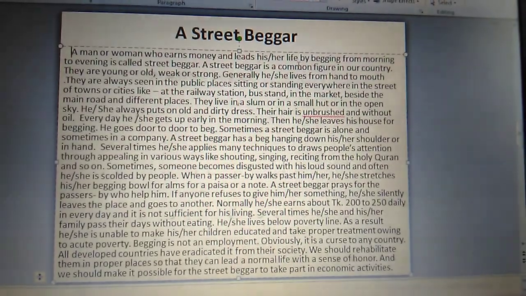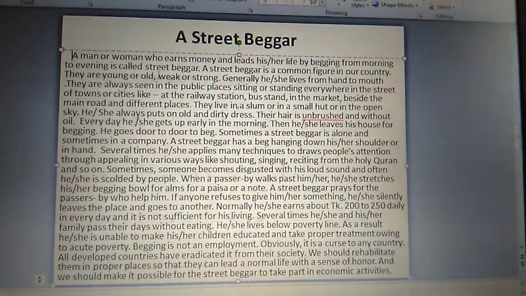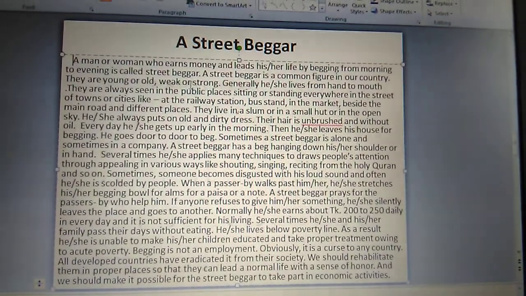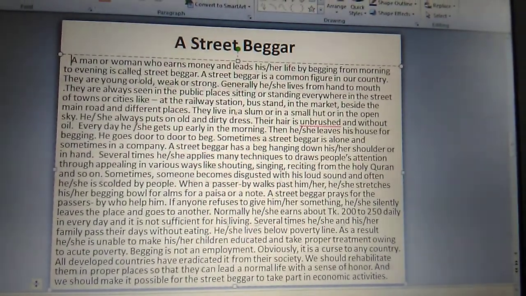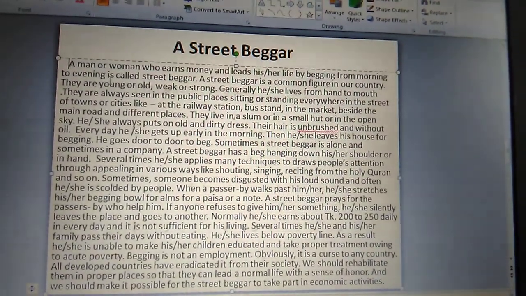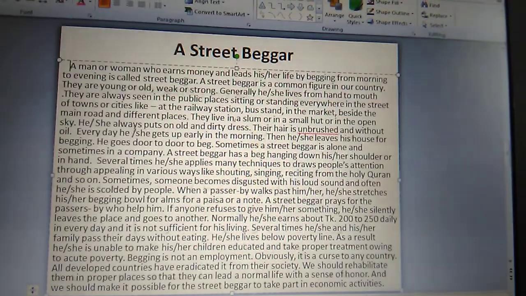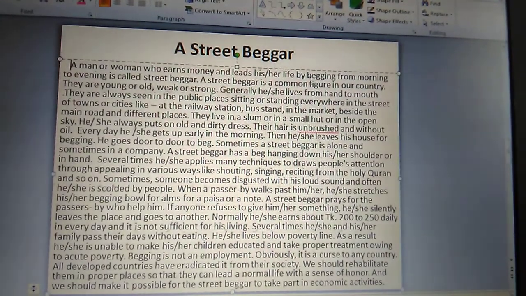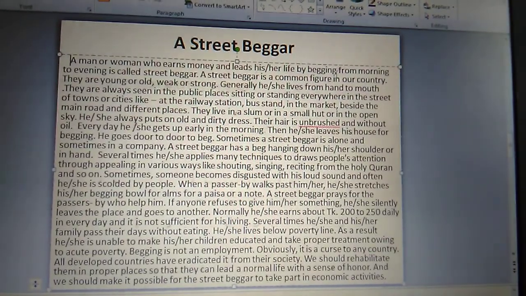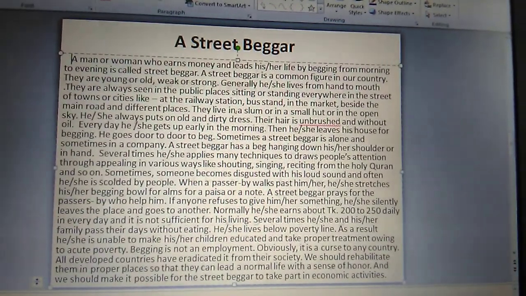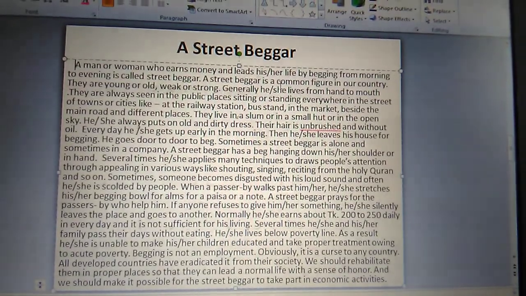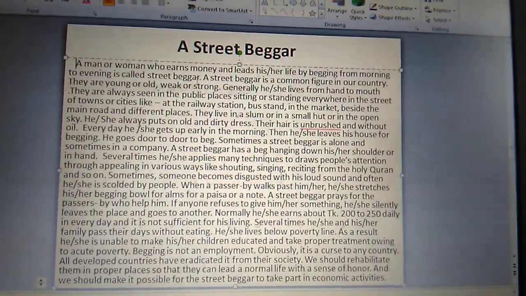They lead their life from morning to evening. A street beggar earns money by begging from morning to evening and leads his or her life in that way. He is called a street beggar.